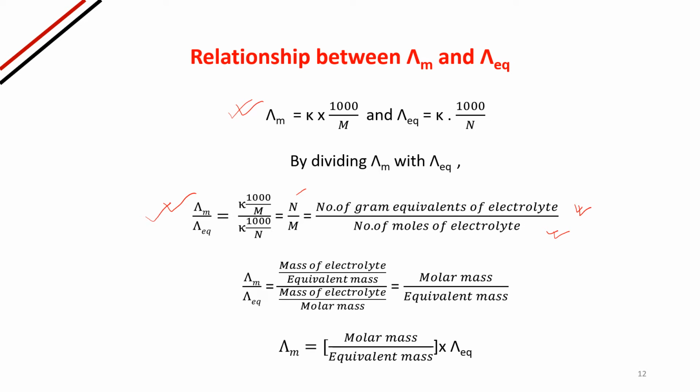So we are getting molar mass by equivalent mass. So lambda m by lambda eq is equal to molar mass by equivalent mass. From there, lambda m is equal to molar mass by equivalent mass into lambda eq. That means molar conductivity is equal to molar mass by equivalent mass into equivalent conductivity. You have to remember this formula, children.